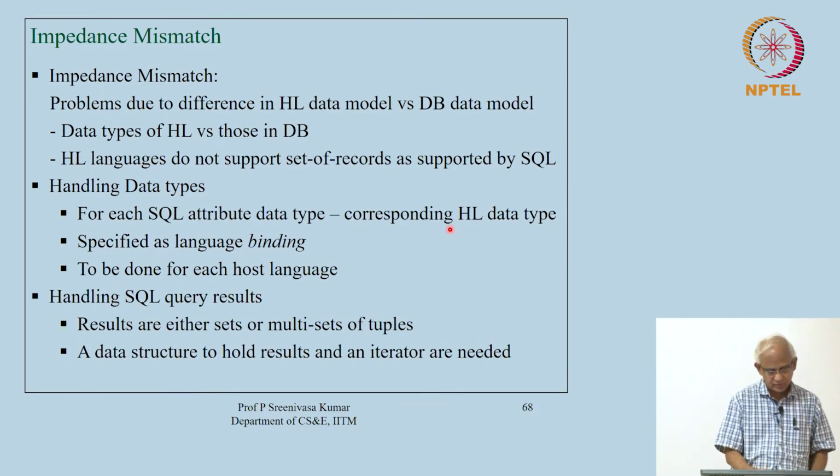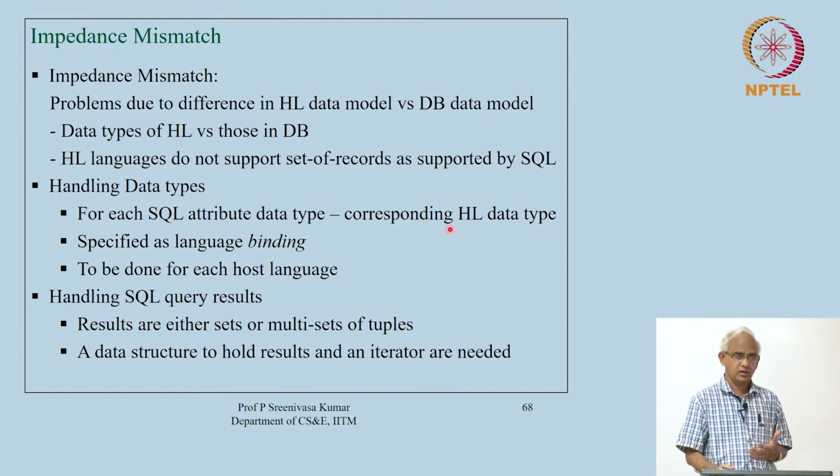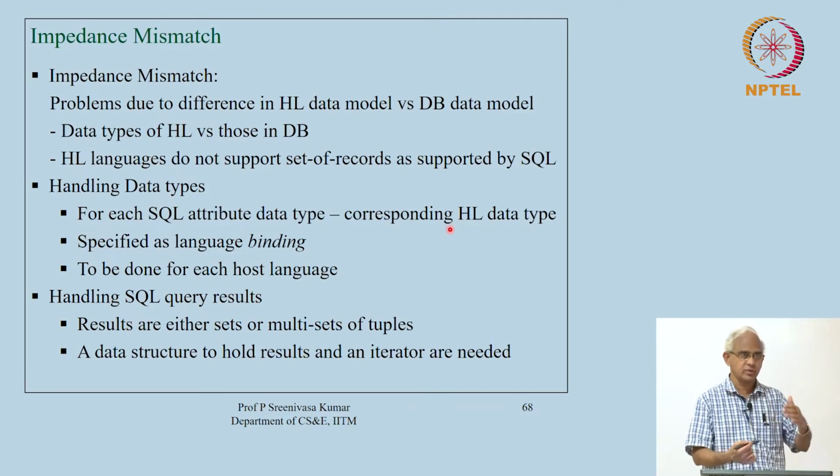And in order to handle this query results issue, we need to have some kind of data structure and provide an iterator to go through that data structure. The data structure could be as simple as an array of records, and then you have to provide some mechanism to examine the rows of that array.